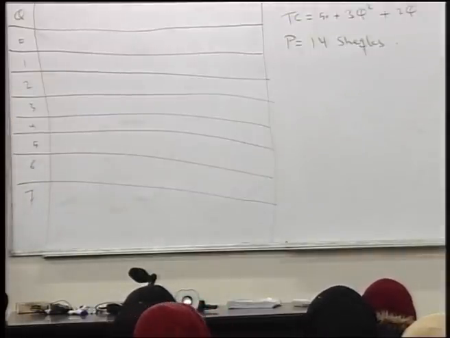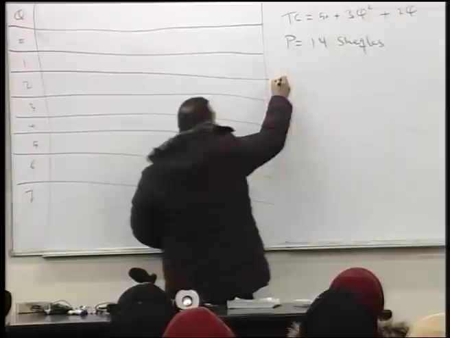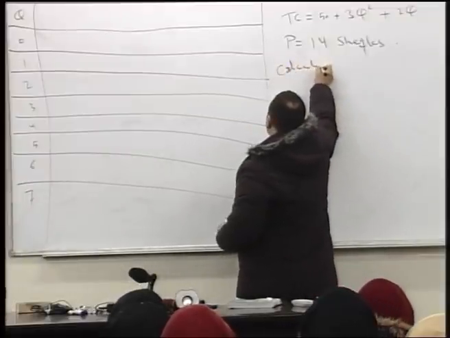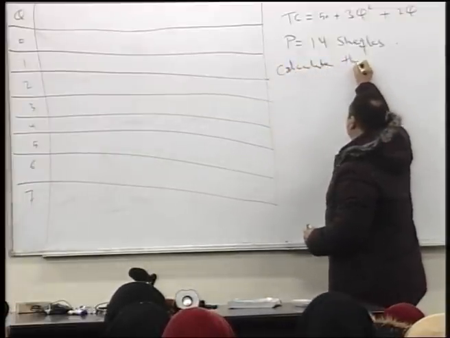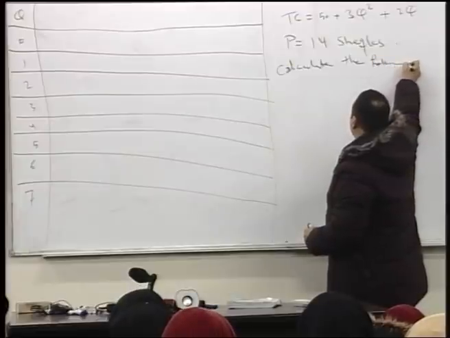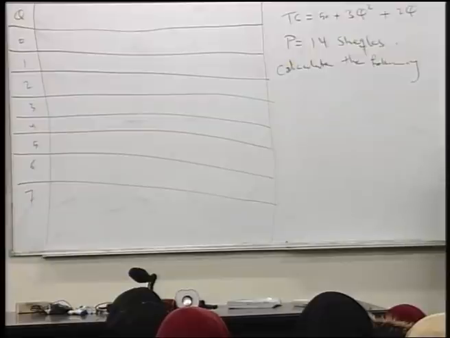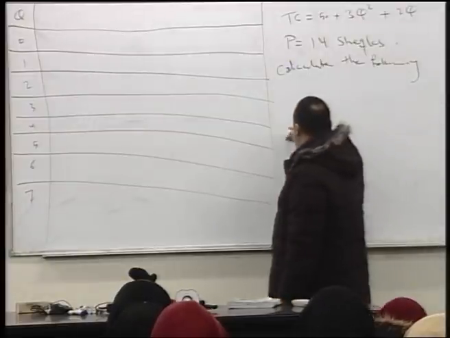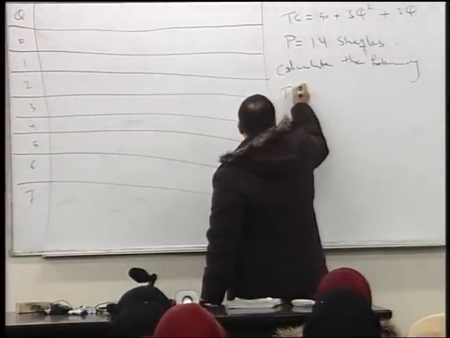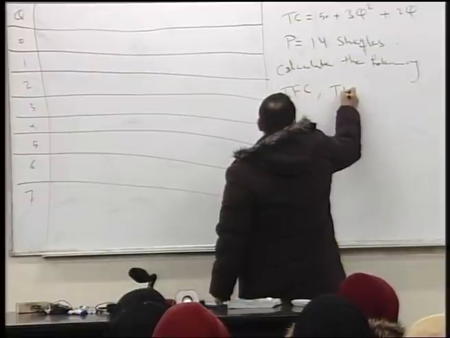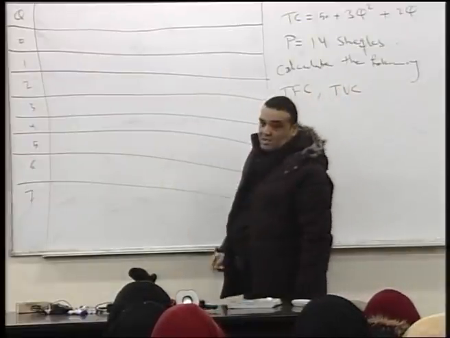Calculate the following: total fixed cost, total variable cost under different quantities.